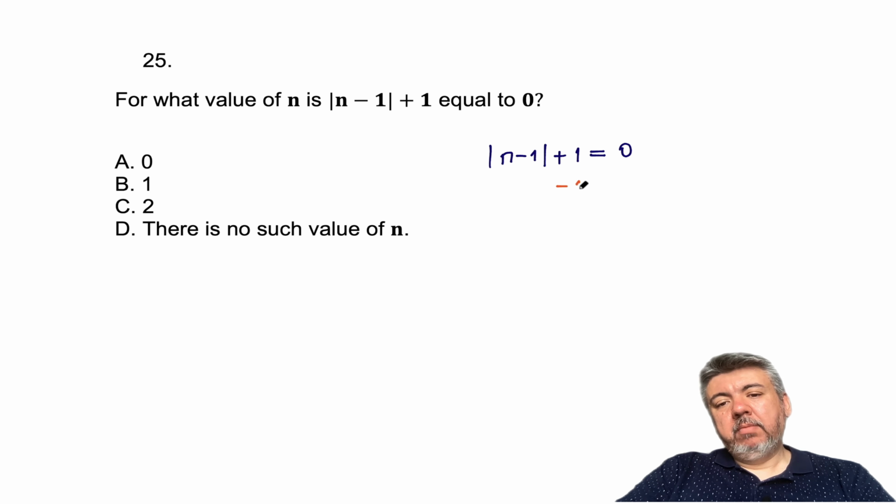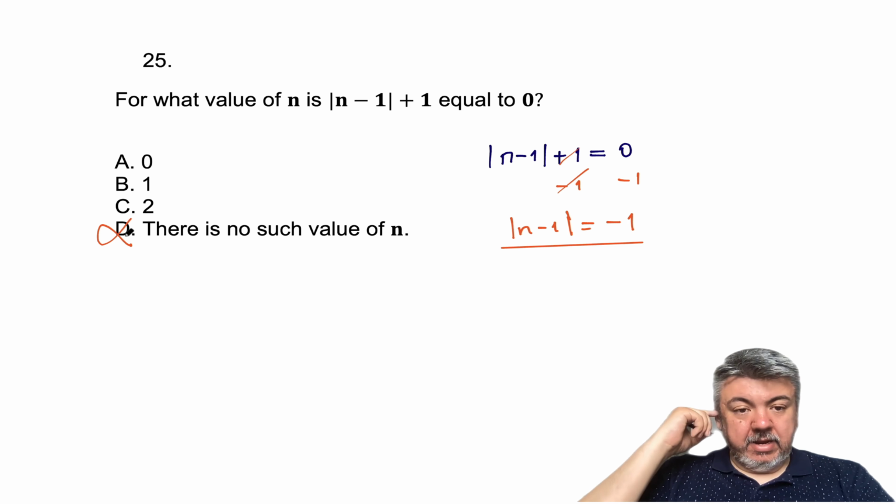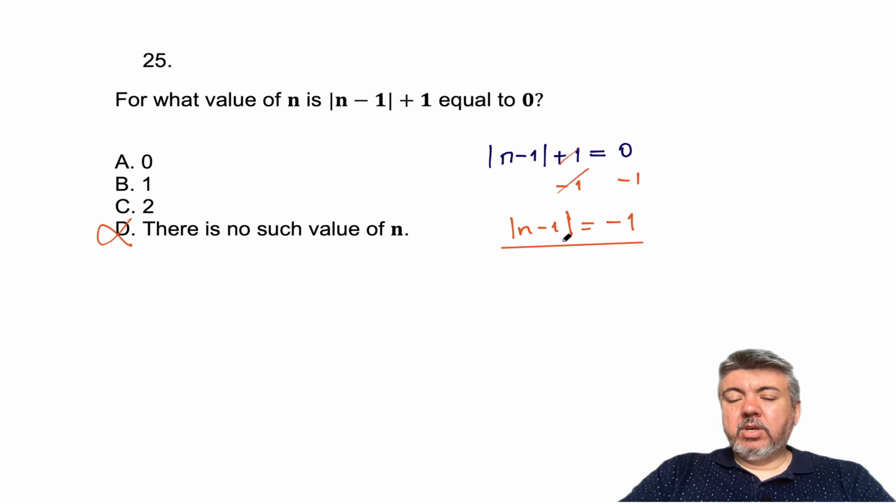Add negative 1 to both sides. N minus 1 equals negative 1. My friends, it's never possible. So there is no such value of n. An absolute value can never be less than 0, so it cannot be negative 1. So there is no n value satisfying this equation.